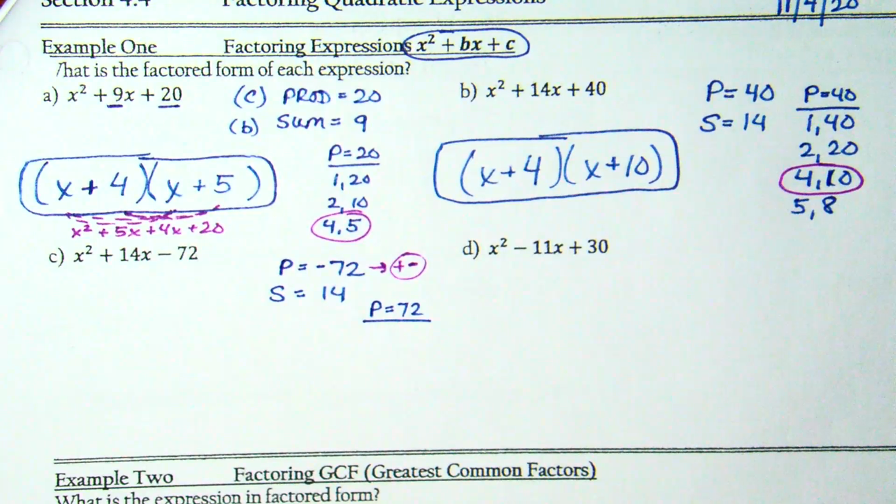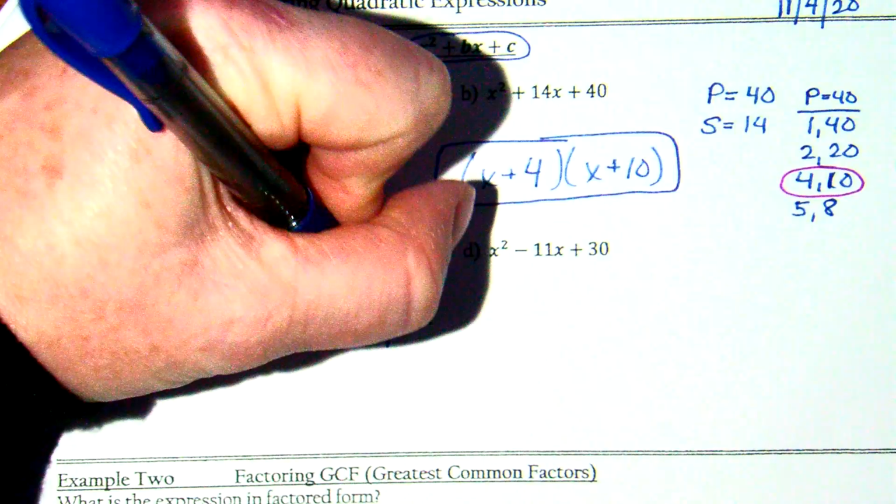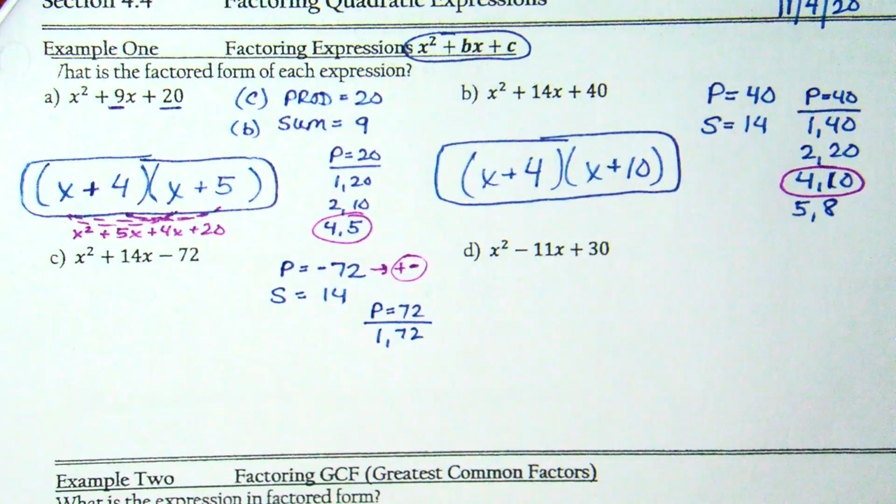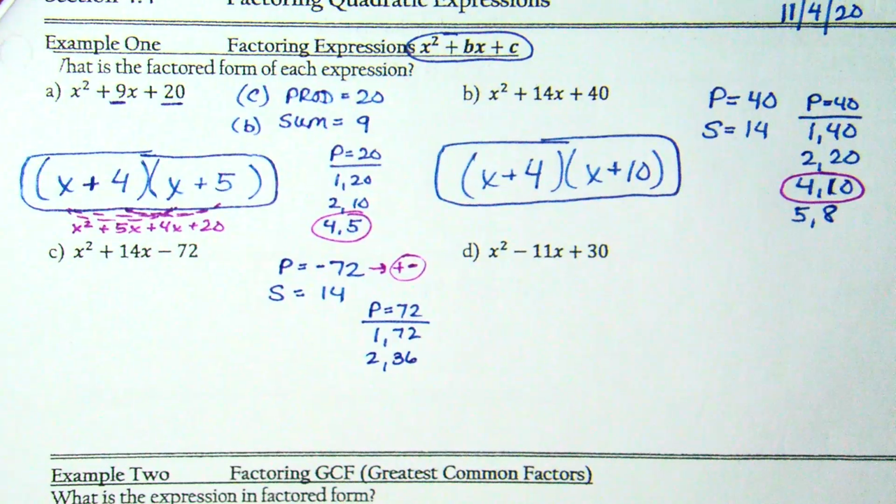Okay? So if we start at the beginning, what multiplies to be 72? 1 and 72. Well, kind of doubt that is it. 2, 36. 2 times 36. 4, 18. Oh, what happened to 3? Does 3 go into 72?